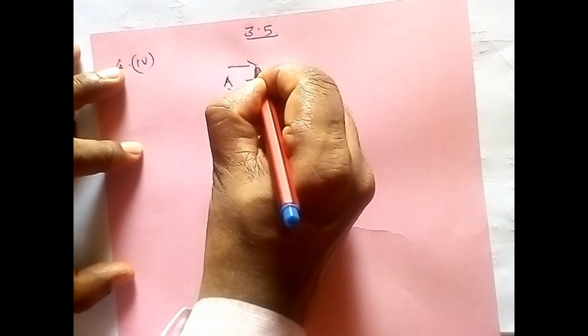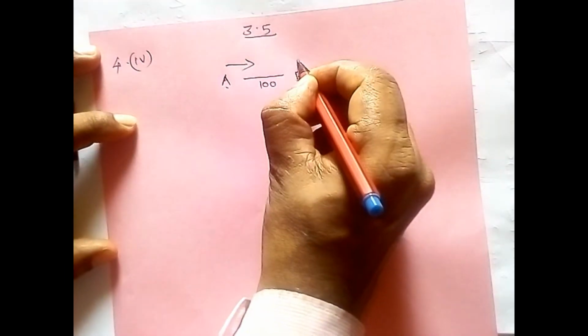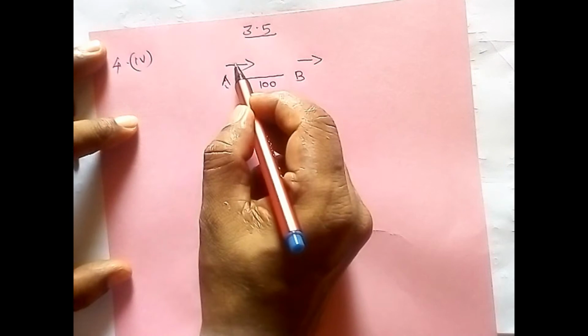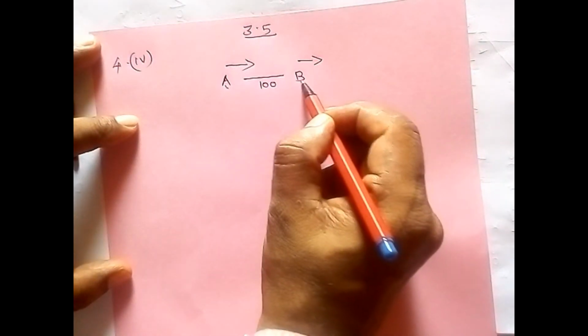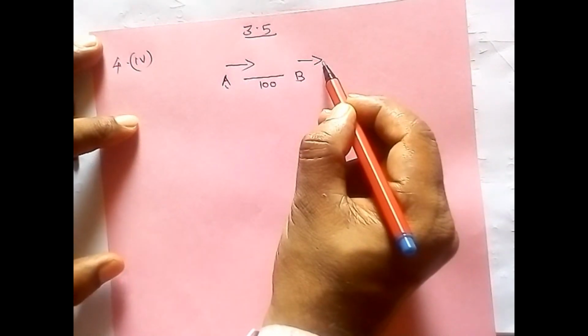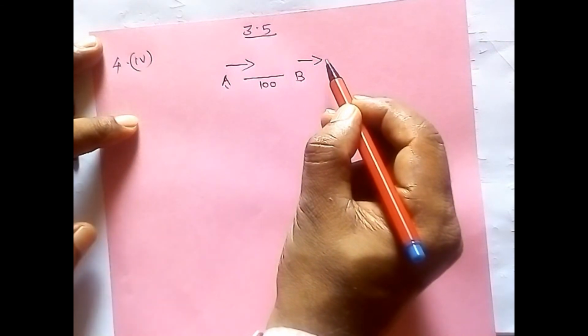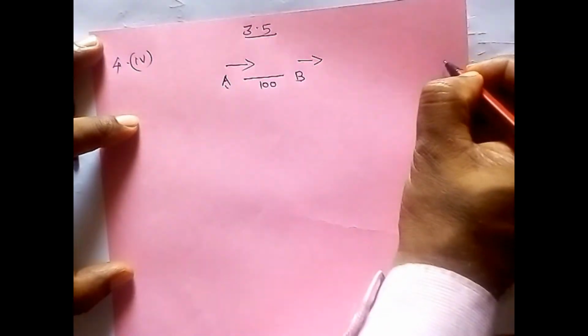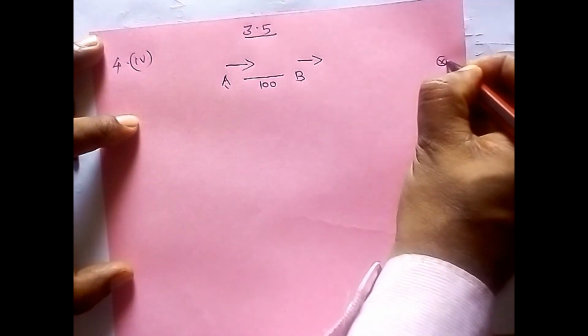So one fellow starting from here, another fellow starting from B, travel in the same direction, at different speeds. They meet in 5 hours. So at some point of time they will meet here.